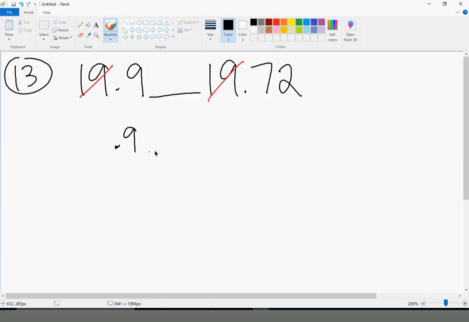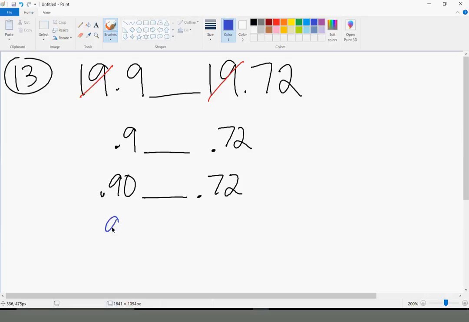We're comparing 0.9 to 0.72. In order to accurately compare decimals, they need to have equal decimal places. So 0.72 has 2 decimal places. So we need to make 0.9 become 0.90 so we can compare it properly to 0.72.